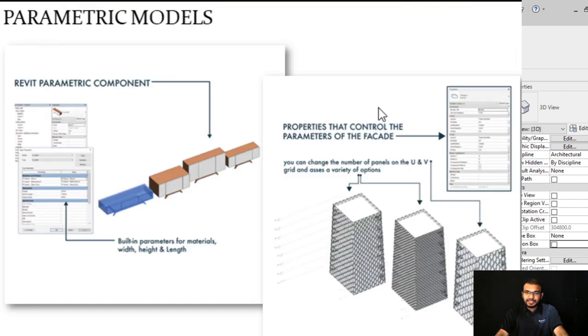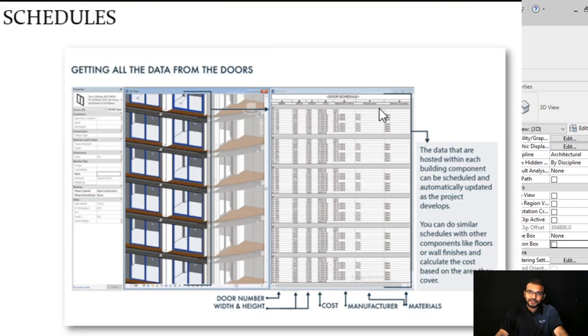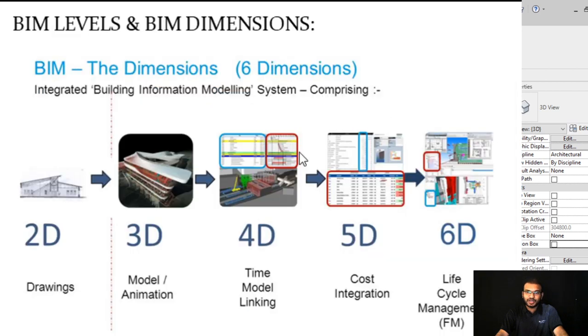And definitely when you start using Revit, you will understand how all these things work. As I mentioned before, you can see the quantities, you can see the time relations, and in the coming sessions we will cover different topics where you can add even timelining and project planning.